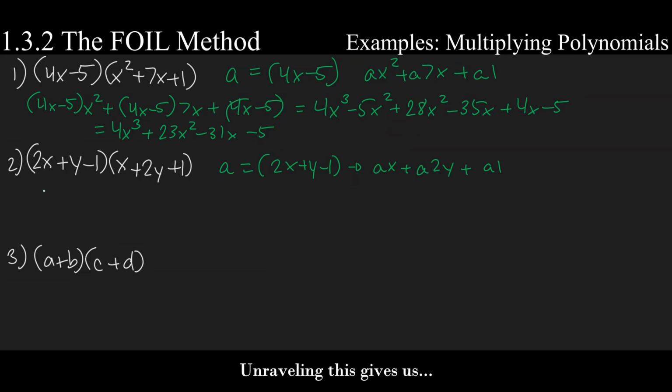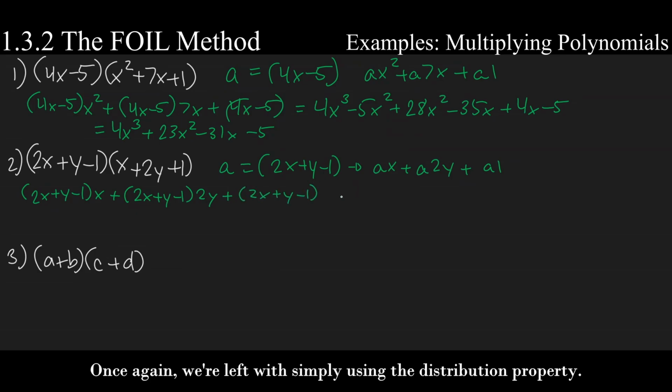Unraveling this gives us (2x plus y minus 1) times x plus (2x plus y minus 1) times 2y plus (2x plus y minus 1). Once again, we're left with simply using the distribution property.